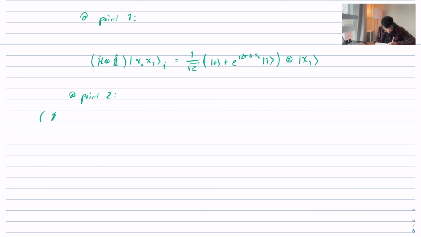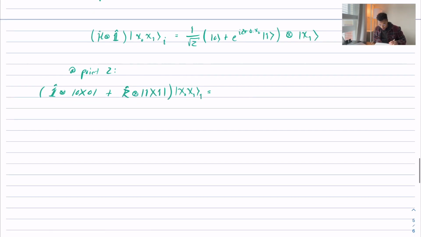So we have the identity applied if the 0th qubit is 0, and the rotation if the, sorry, I said the 0th qubit, I mean the x sub 1 qubit, if that qubit is 1. And then we're acting that on x0, x1 after state 1.